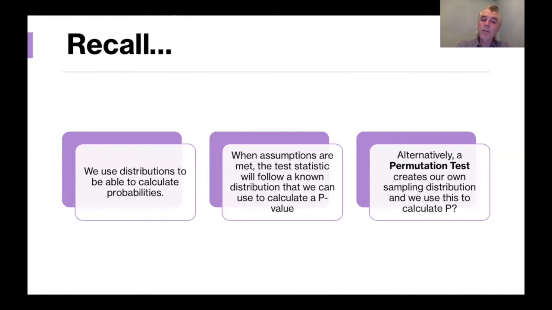And when the assumptions are met, the test statistic will follow a known distribution that allows us to calculate an appropriate p-value. But instead of using these theoretical distributions, a permutation test creates our own sampling distribution. And we use this empirical distribution to calculate a p-value that doesn't assume any underlying distribution.